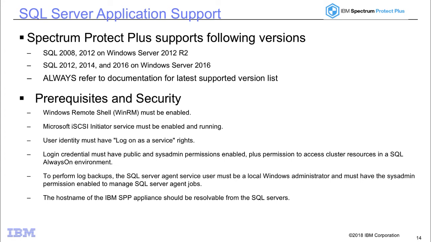To perform log backups on SQL Server, the SQL Server agent service must be a local Windows administrator and must have sysadmin permissions enabled to manage SQL Server agent jobs. And finally, the host name has to be resolvable for the SQL Server systems.